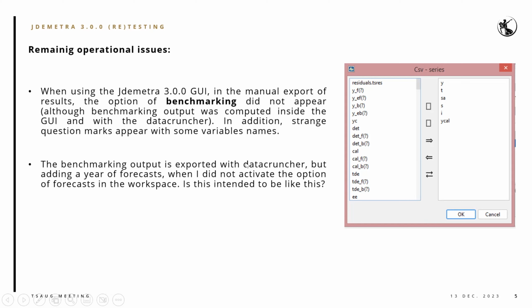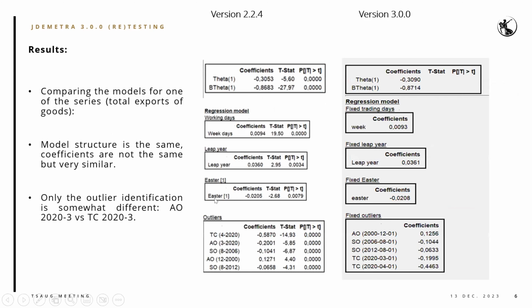With the data cruncher, this benchmarking output is exported, is saved, but adds always a year of forecasts. When in the GUI, I chose not to include forecasts for benchmarking. I don't know if this is an option or if this is a glitch.